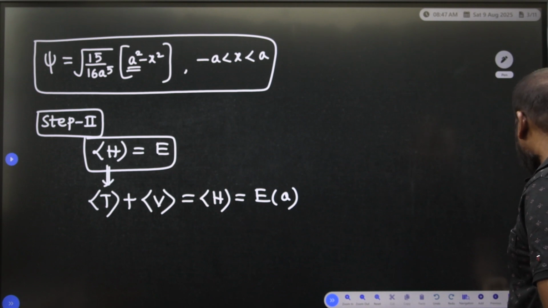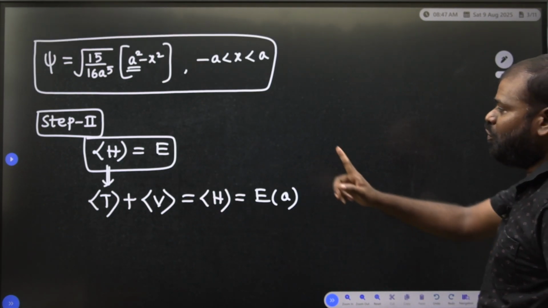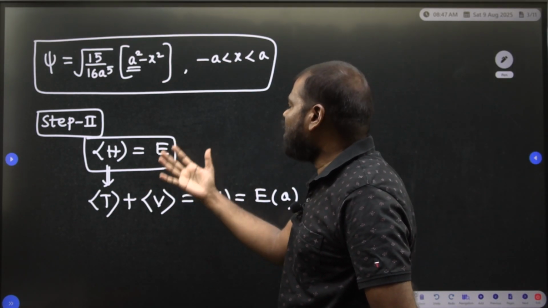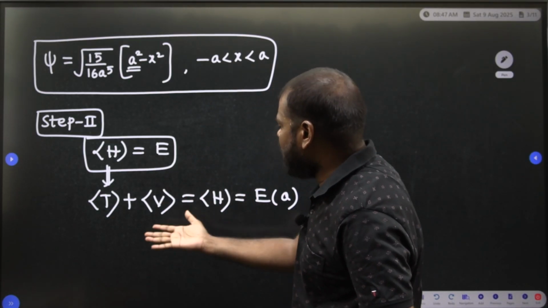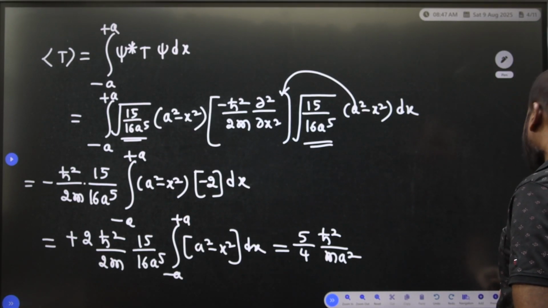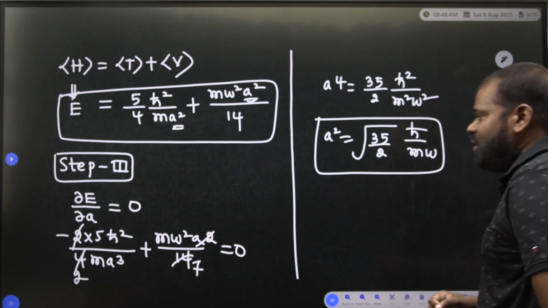Step 2, find the expectation value of H. Here we are unable to calculate the expectation value of H directly because H is not given. So the expectation value of H is equal to the expectation value of kinetic energy plus the expectation value of potential energy.